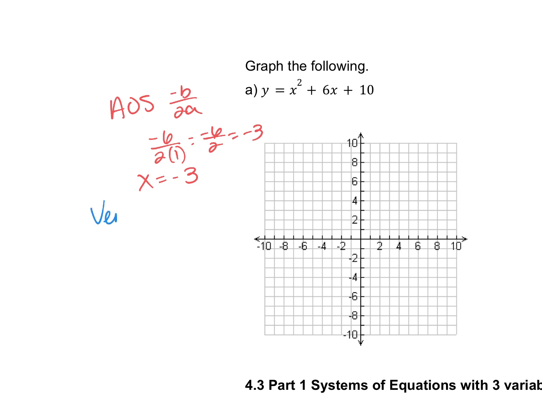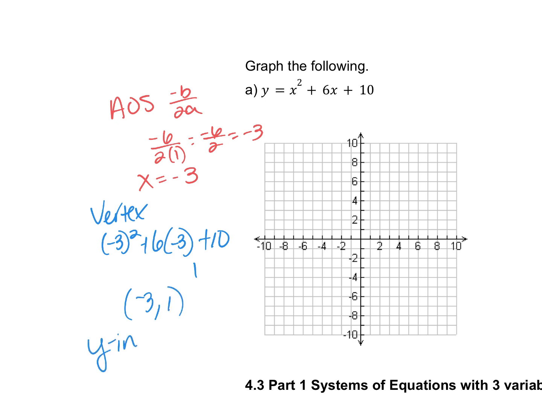Now my vertex is going to be negative 3 squared plus 6 times negative 3 plus 10, 18, negative 9. I believe it's positive 1. Okay, and so your vertex is at (negative 3, 1), and then the last thing is your y-intercept is just (0, 10).